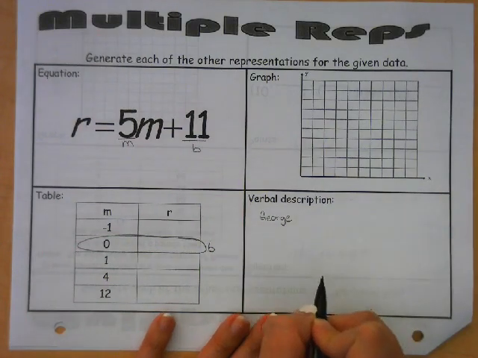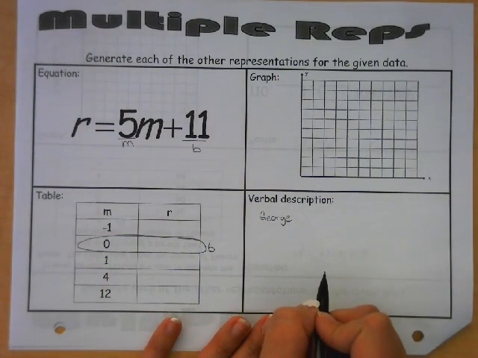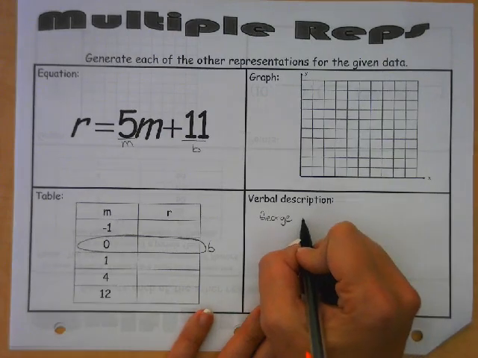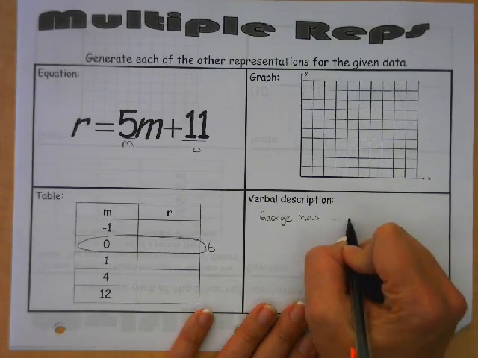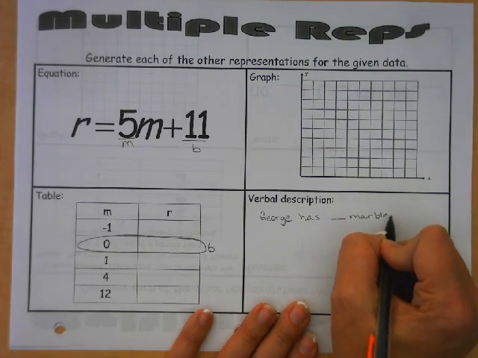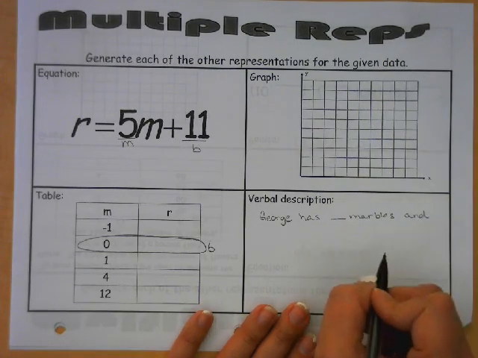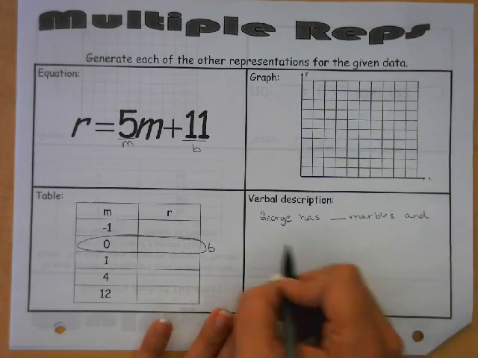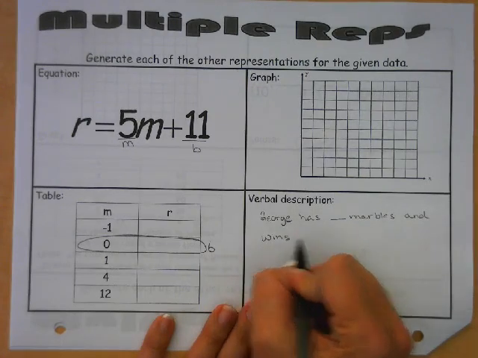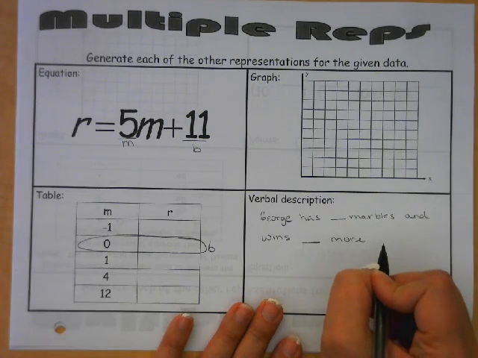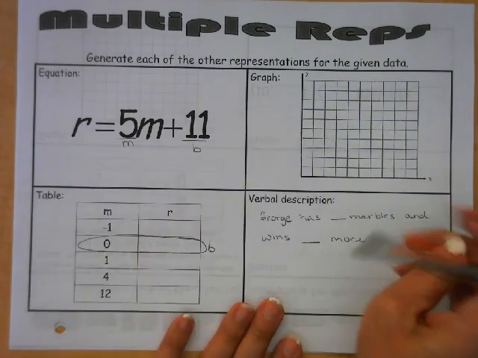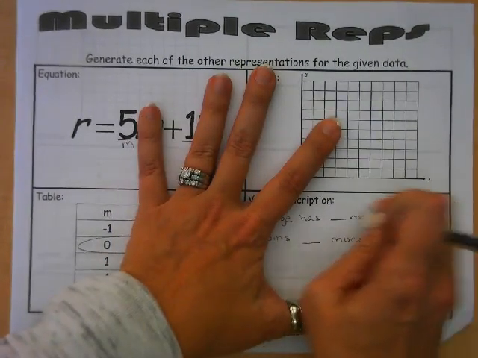Rulers and meters? How about this? George has blank marbles and wins blank more. Actually no, this would be an R. You do R and M. That's a hard one.